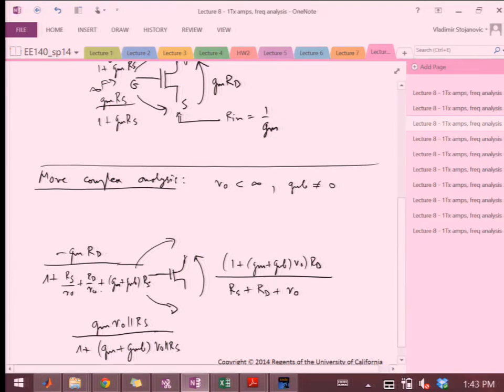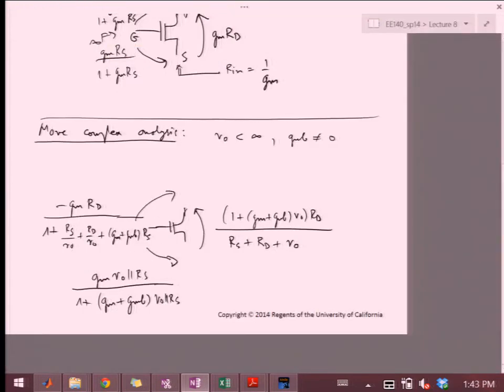You mean over here? Because, well, your R naught, when you do the derivation, you will have something like that, but it's going to kind of, when you do all the cuts and stuff, that's why it shows up over here, right? Because it's really GMRD R naught over, and there's a bunch of stuff. Yeah. So again, there is a lot of ways in which we can represent. This is the way which makes it easy for me to just say, hey, I can neglect this piece, I can neglect that piece, right?